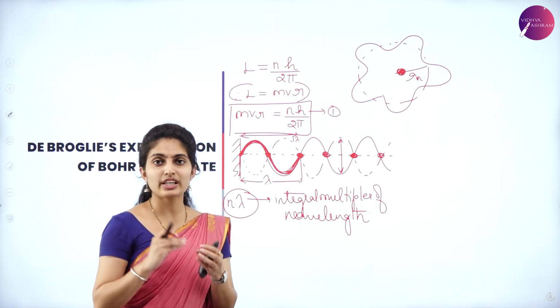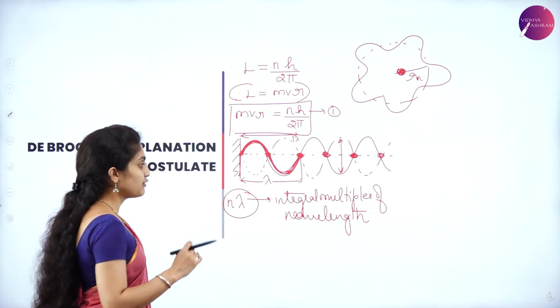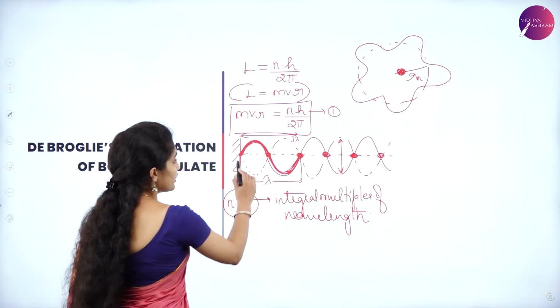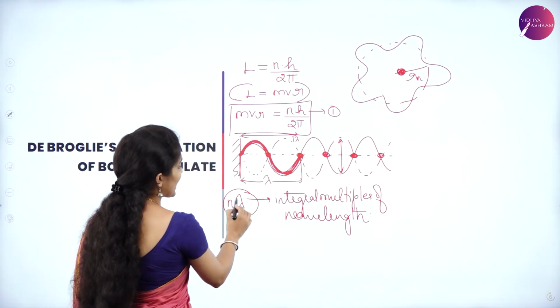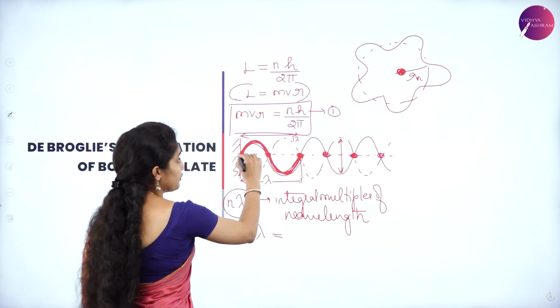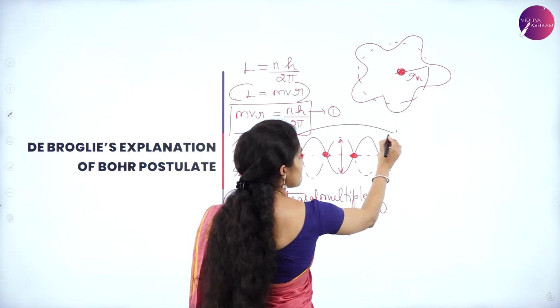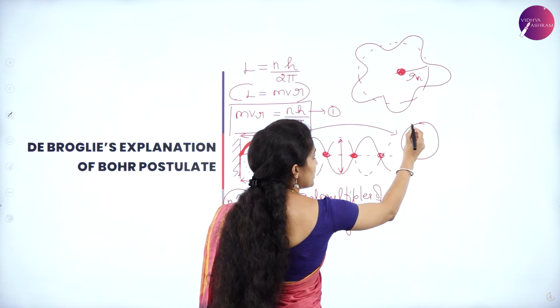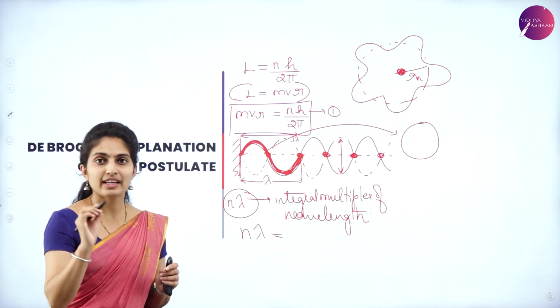The mass is the only one which is said to be a constant. Okay, so now we will have to equate it as so the total wavelength which is over here, which is given by n lambda, is equal to, if you just take this wire and fold it, it gives you the circle. So it's a wave, the complete wave. Okay, so complete wave determines a circle.